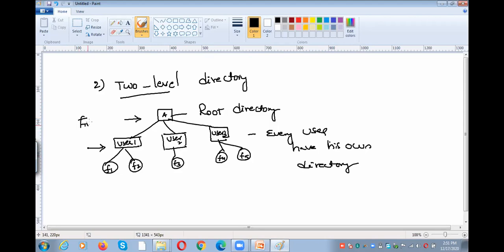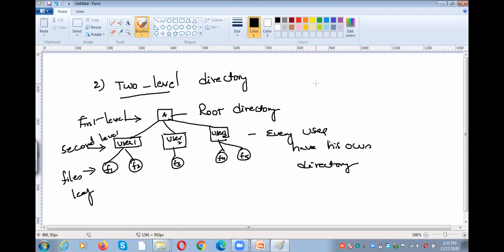So we have two levels of directories. This is the root directory, and these are the user directories. Okay, and these are the files, the leaves, right? So that is about two level directory.